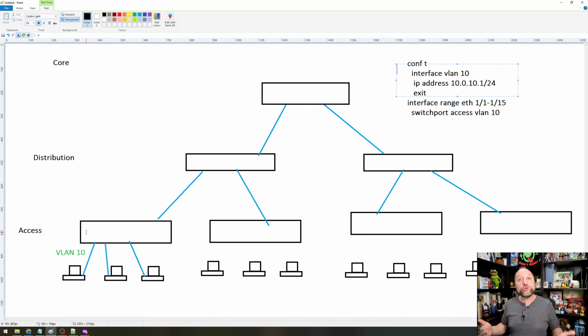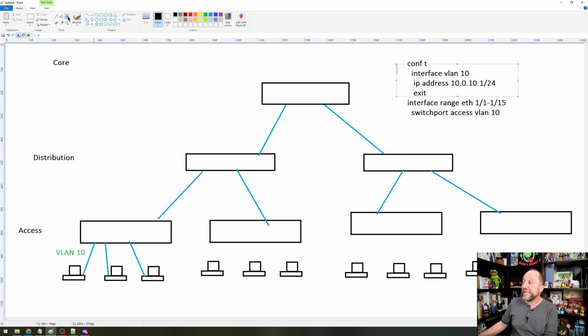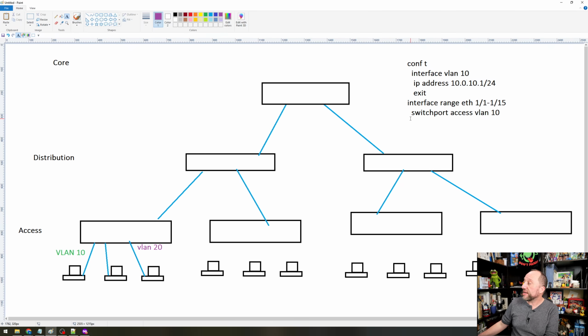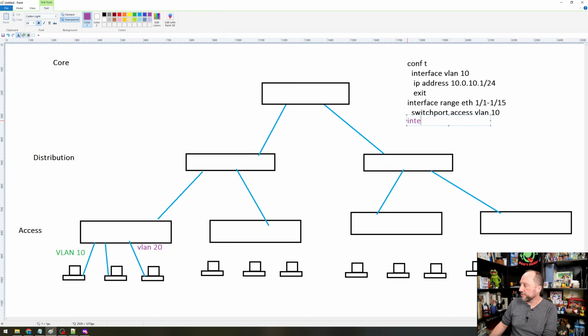And then when they want to route, if there's two different VLANs on there, pick a different color. I only put 3 computers here, but let's say another one is in VLAN 20. Like I said, I could have an IP address for VLAN 20 as well. Interface VLAN 20, and IP address 10.0.20.1/24.